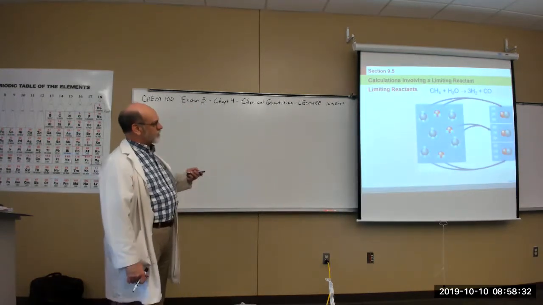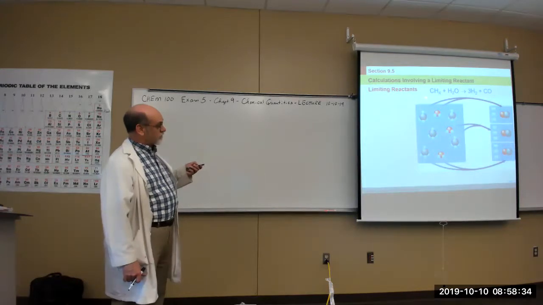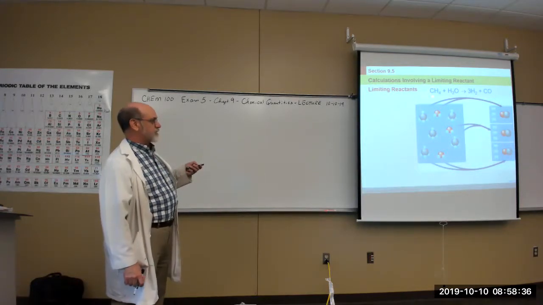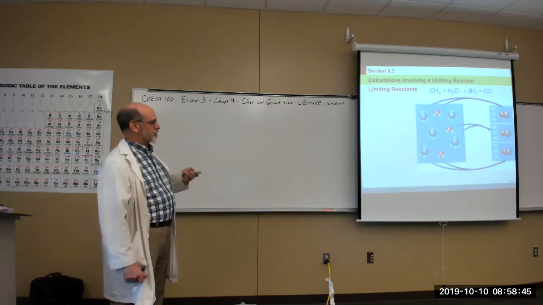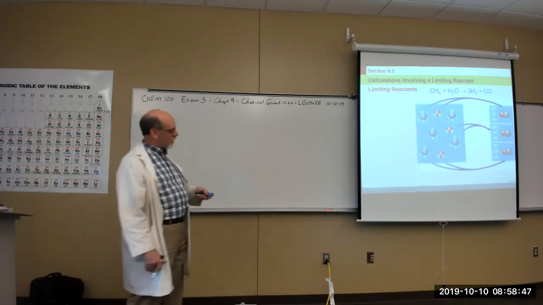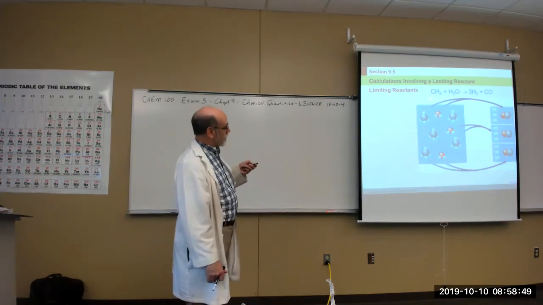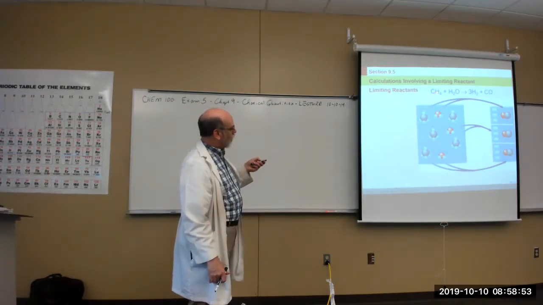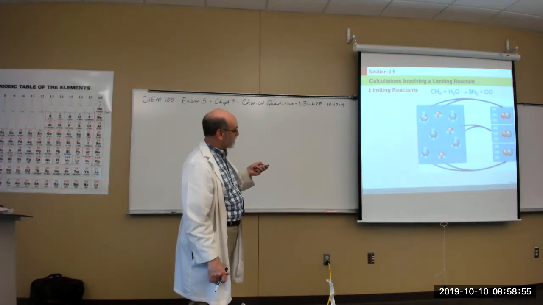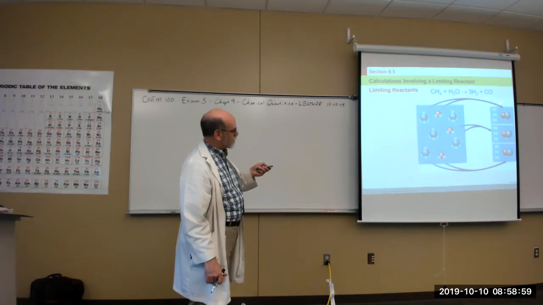So in this case, when we do the reaction, let's see, is this balanced yet? There's one carbon, there's one oxygen, and there's 4, 5, 6 hydrogens. It's balanced. Okay. So if we say our reaction is one methane and one water, those two together produce 3 hydrogens and 1 carbon monoxide.